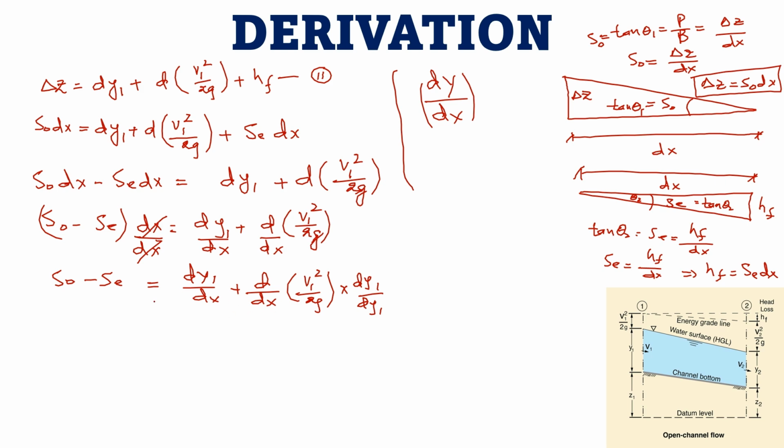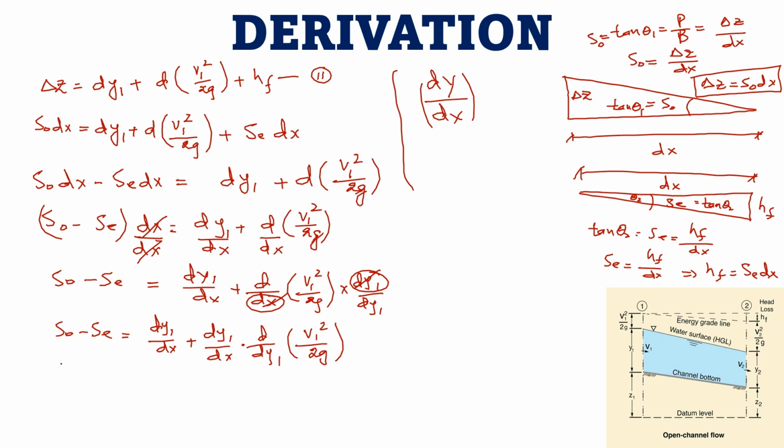So what will this come? S naught minus SE equals dy1 by dx plus, we can simply write it as dy1 over dx into d by dy1 of v1 square over 2g.